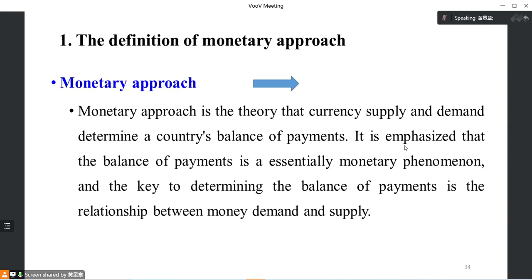It emphasizes that the balance of payments is essentially a monetary phenomenon, and the key to determining the balance of payments is the relationship between money demand and supply.